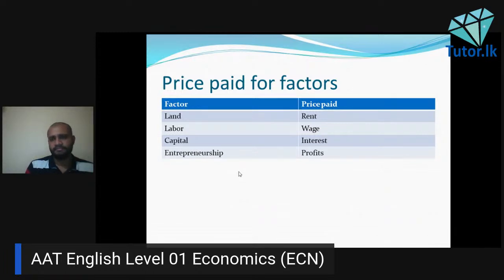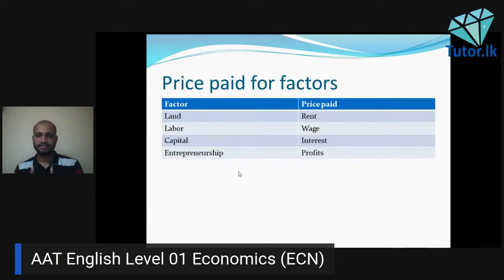When they are raising money, they have to pay interest to the finance providers. So the price paid for the capital is interest.